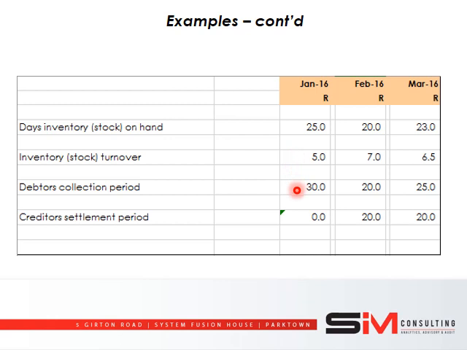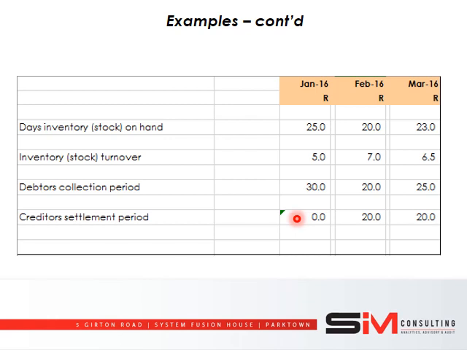Debtors collection period for the month of January 2016 means it takes 30 days before cash is collected from the debtors. Creditor settlement period for the month of January 2016 means creditors are settled within 0 days.